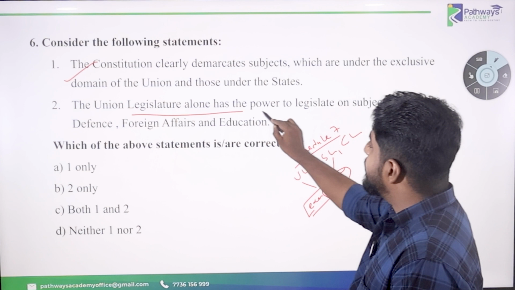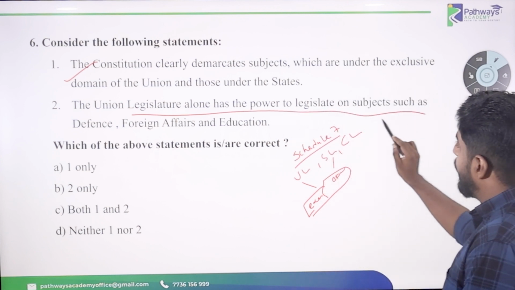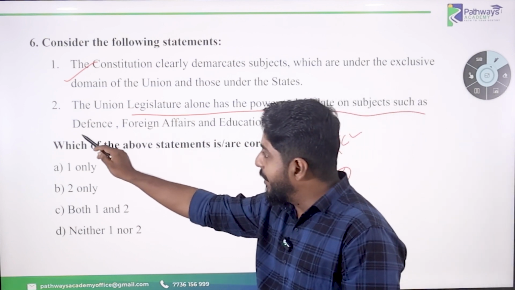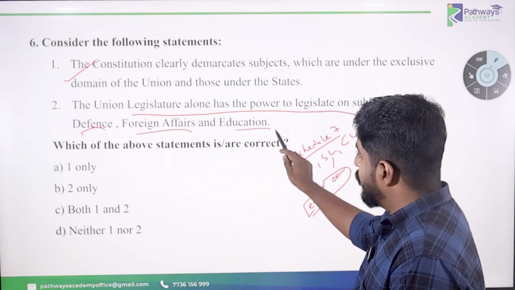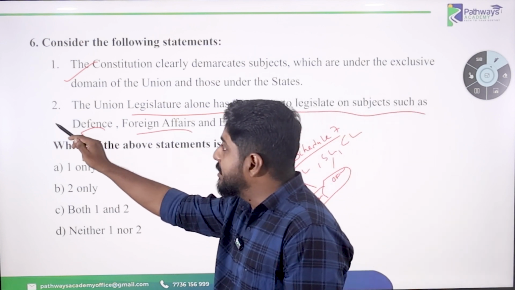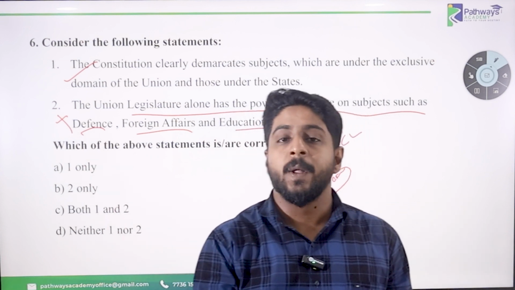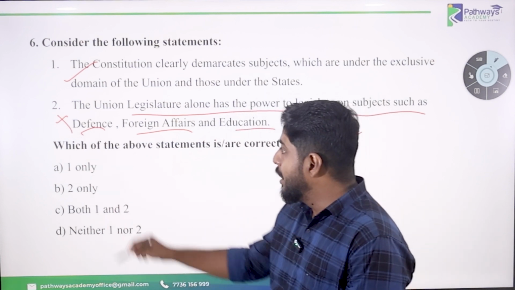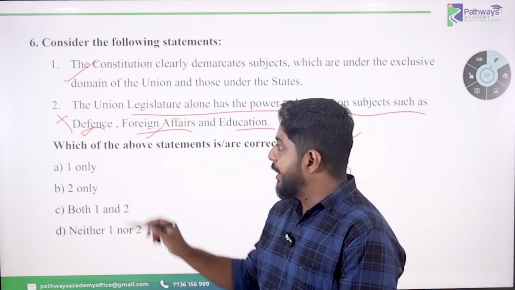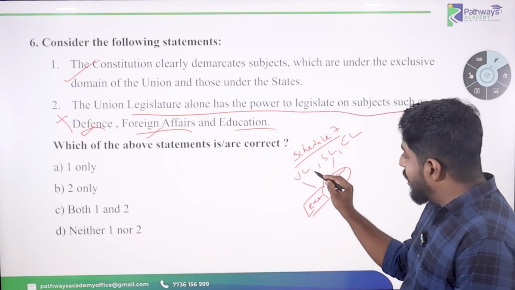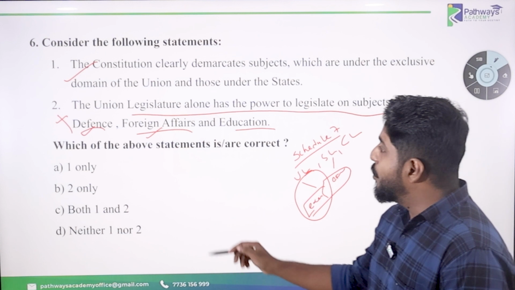The Union legislature alone has the power to legislate on subjects such as defense, foreign affairs, education. Very good, sir. So the second statement is also right. No, in fact, the second statement is wrong. Defense and foreign affairs are exclusively under the authority of the Union list or Union government.